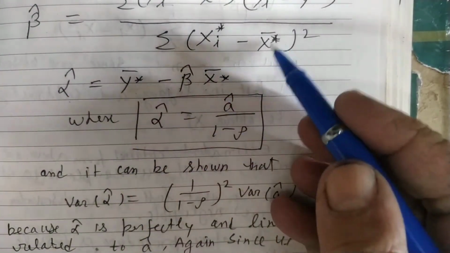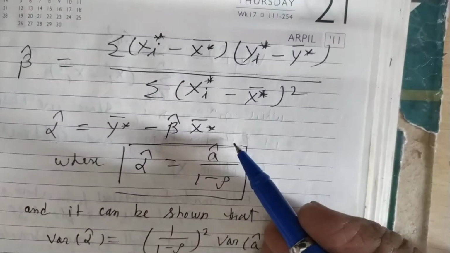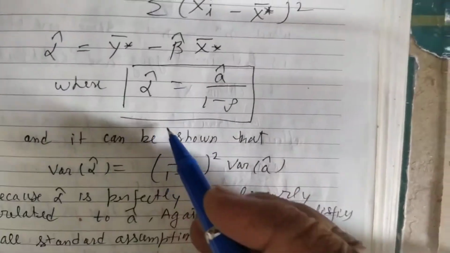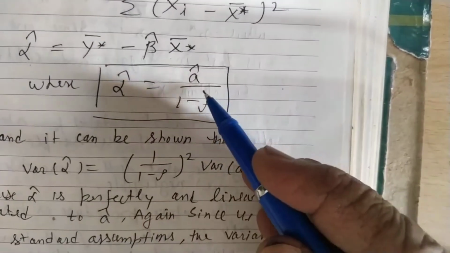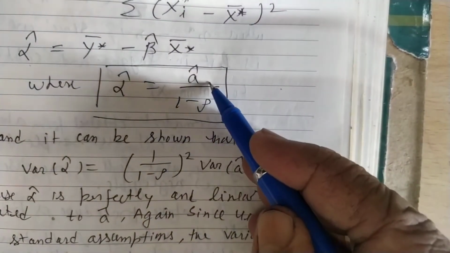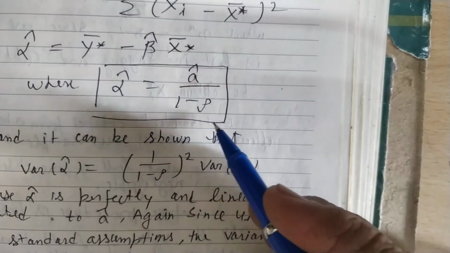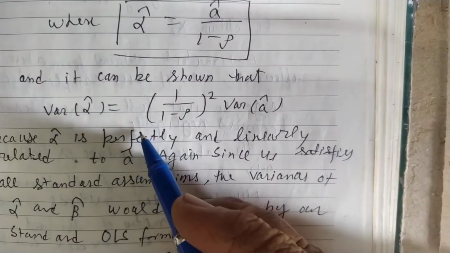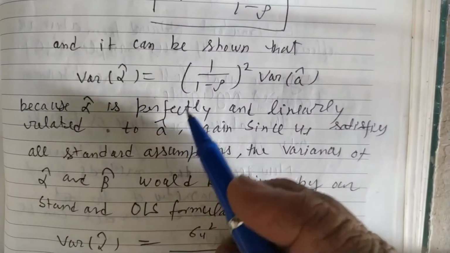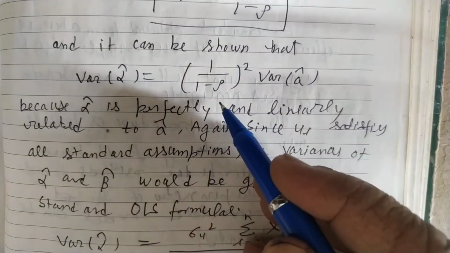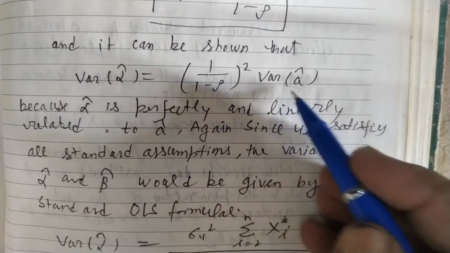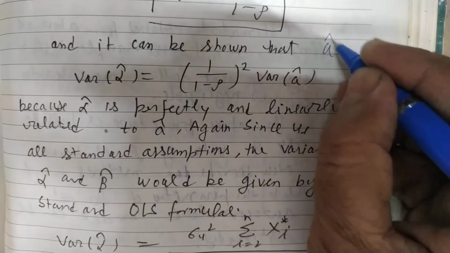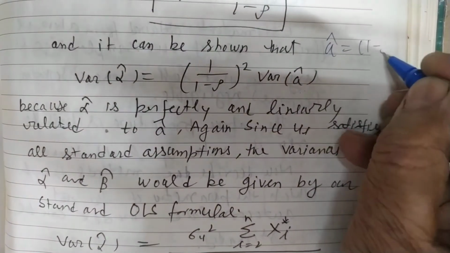Here we put in the value of beta and we get alpha, where estimated alpha is estimated a divided by (1 - rho), and it is shown that the variance of estimated alpha is 1 over (1 - rho) whole squared times the variance of estimated a.